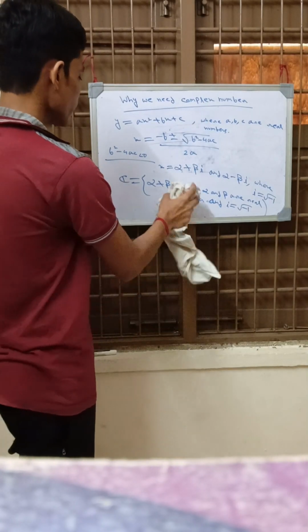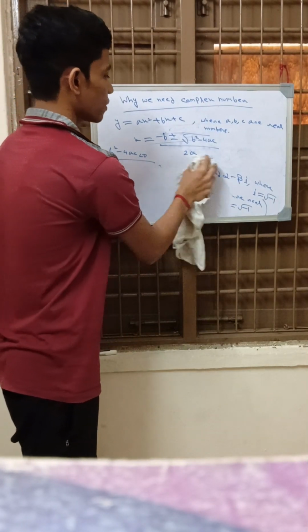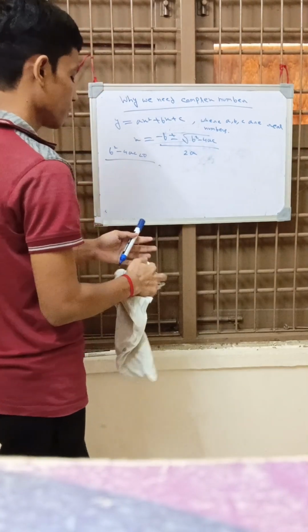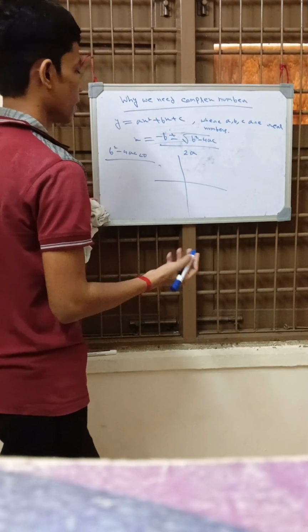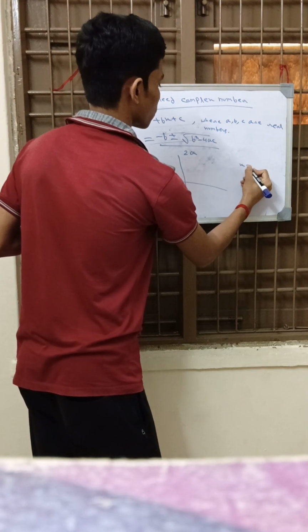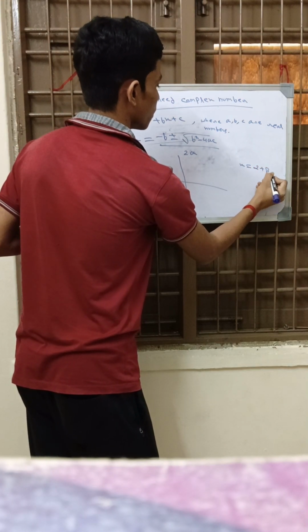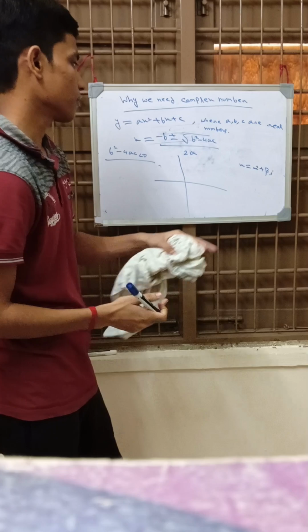This is called a complex number. If you want to see it in a 2D plane, x equals alpha plus beta i, where alpha and beta are real numbers.